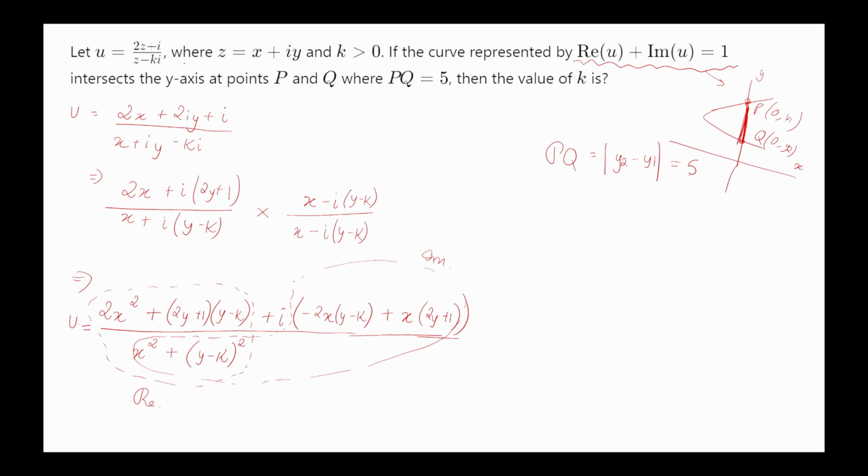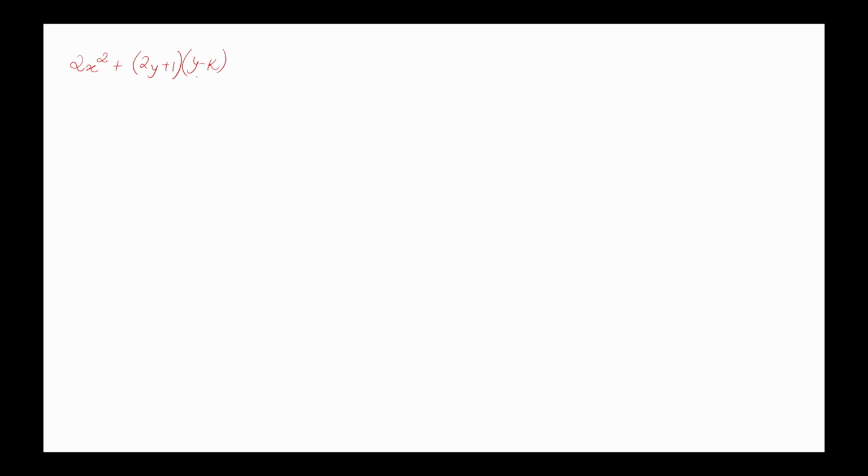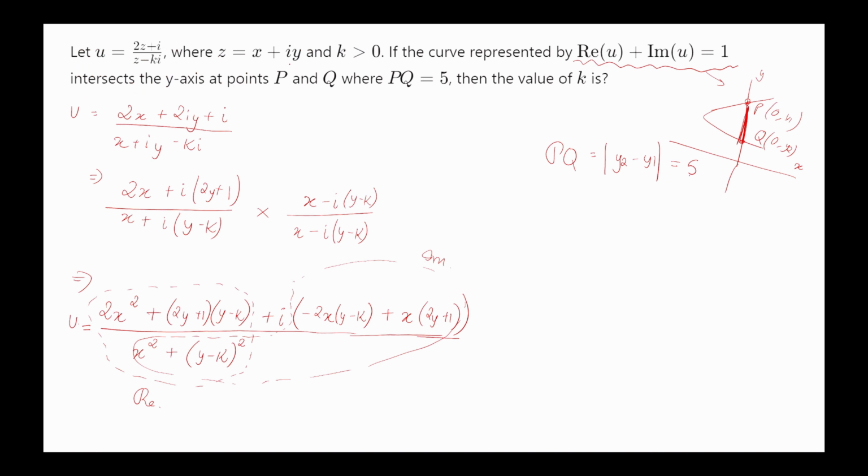Let's take this to the next page. That means I have 2x square plus 2y plus 1 into y minus k upon x square plus y minus k whole square, plus the imaginary part.